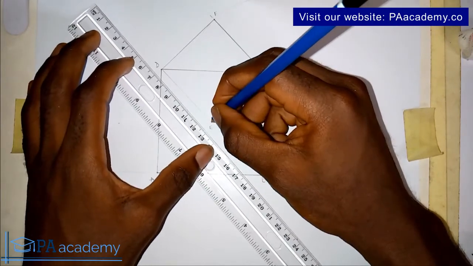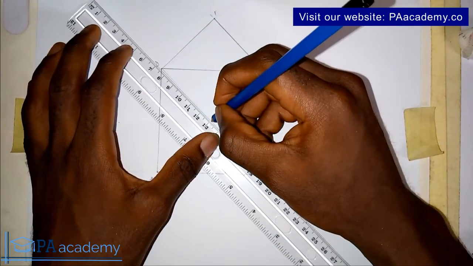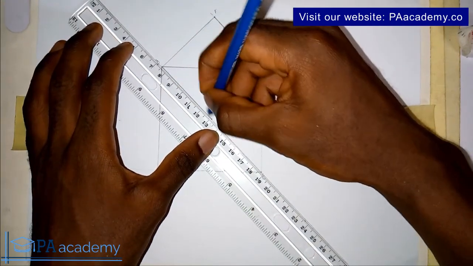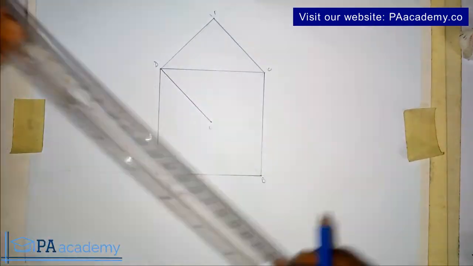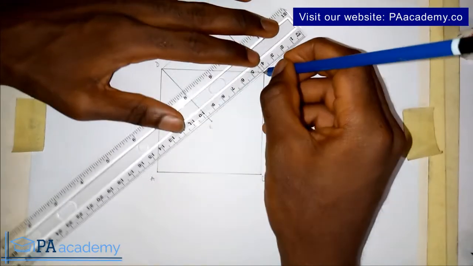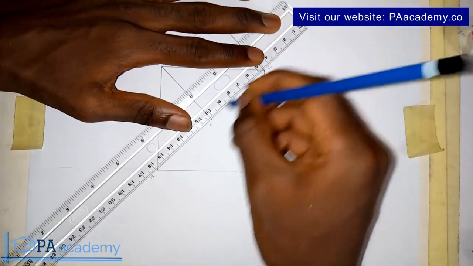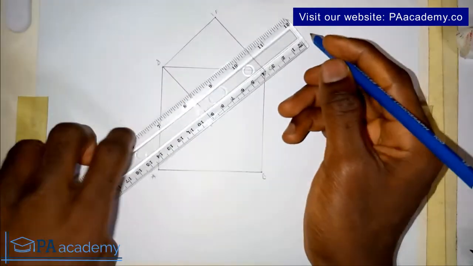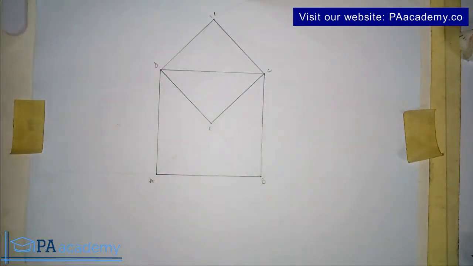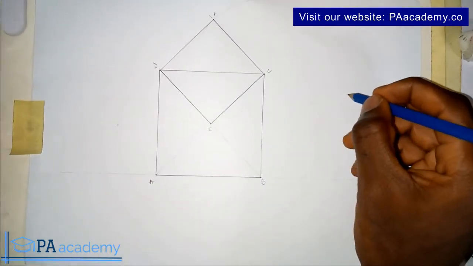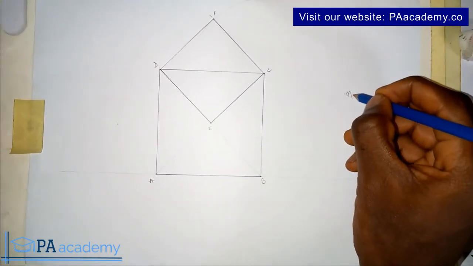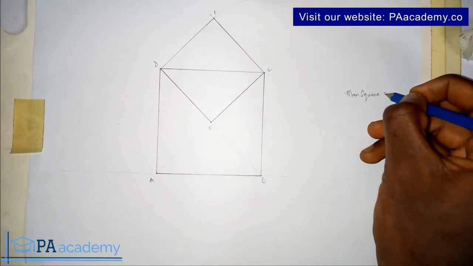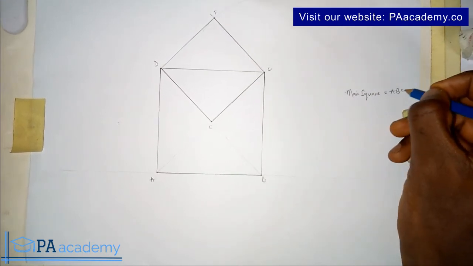So let me now make point E to point D bold. Alright, so now the main square is ABCD.